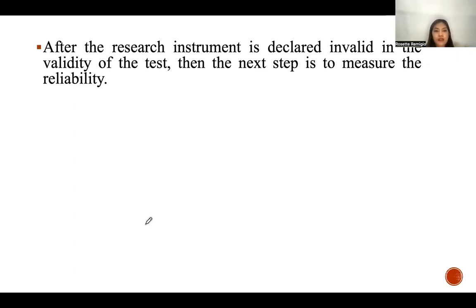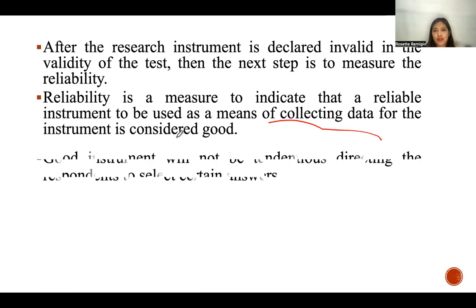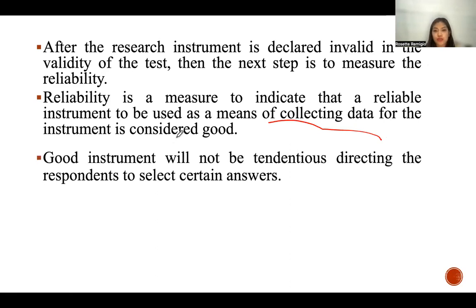So reliability is a measure to indicate that a reliable instrument to be used as a means of collecting data is considered good. All right? So a good instrument will not be tendentious, directing the respondent to select certain answers.